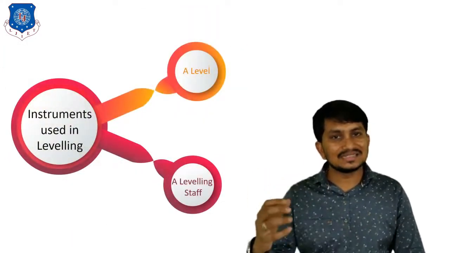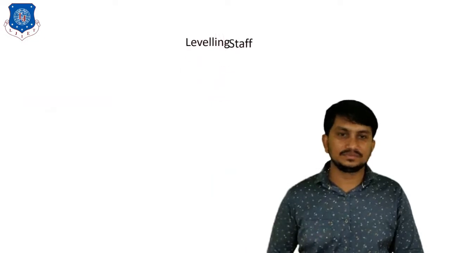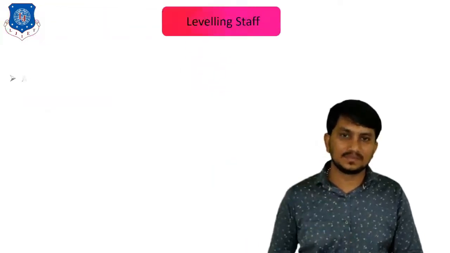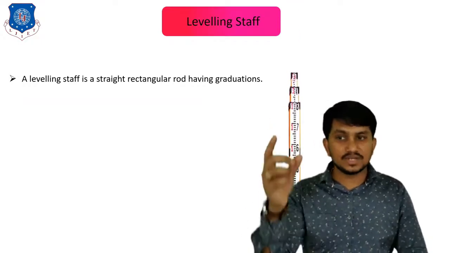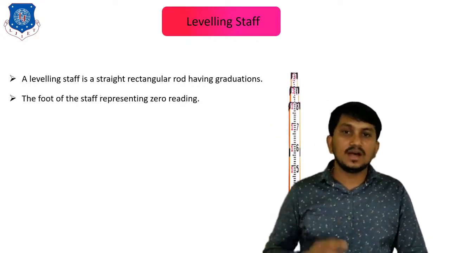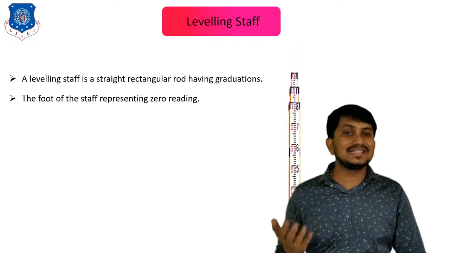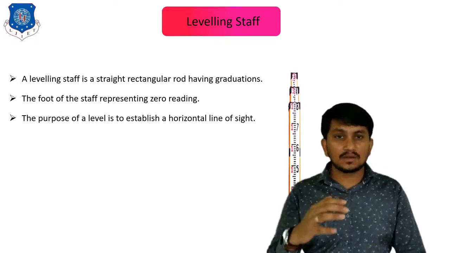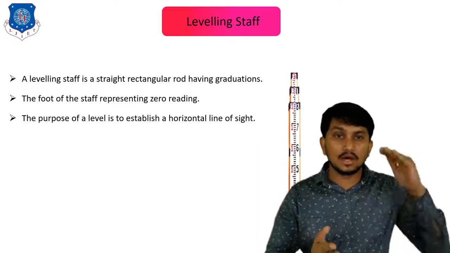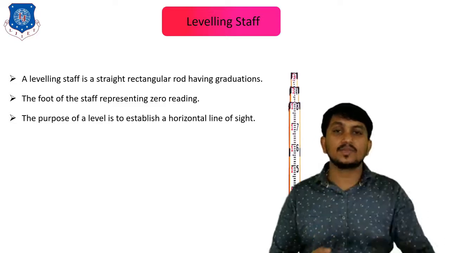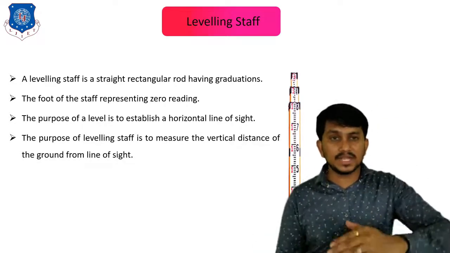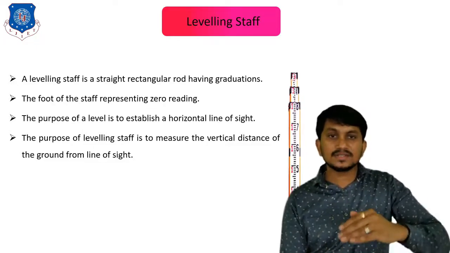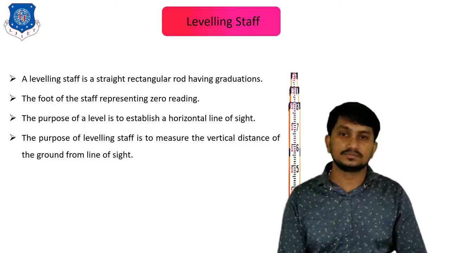Now let's discuss the leveling staff. What is a leveling staff? A leveling staff is a straight rectangular rod having graduations like this. The foot of the staff represents zero reading. The purpose of a level is to establish a horizontal line of sight by the telescope, while the purpose of the leveling staff is to measure the vertical distance from the ground surface to the line of sight.